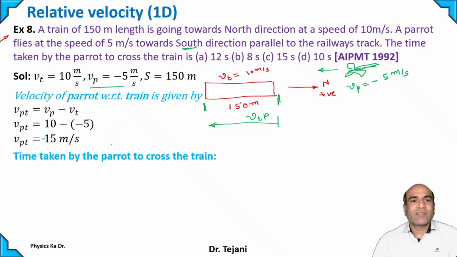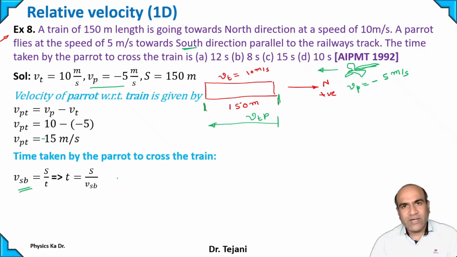Then what next? The time taken by the parrot to cross the train. We know that velocity is equal to the relative distance travelled divided by time. So a total of 150 is travelled in time t.